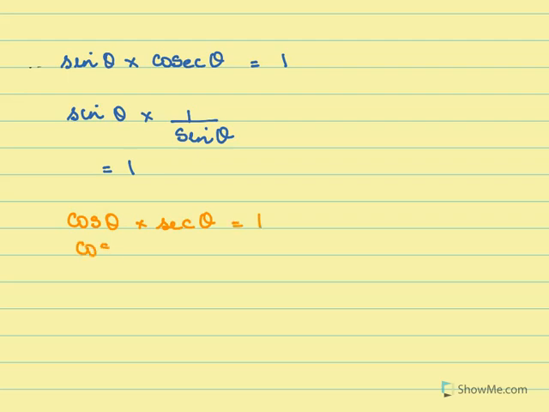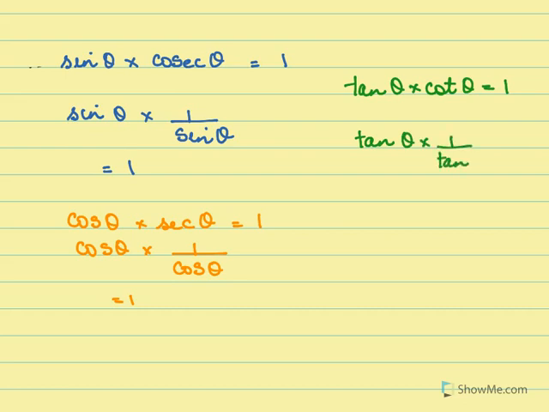Why? Sec theta is 1 over cos theta, so it will be 1. If we have tan theta into cot theta equal to 1, why? Cot is 1 over tan theta, so it has to be equal to 1.